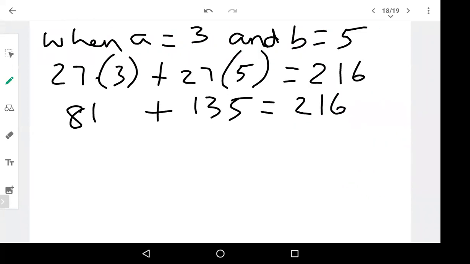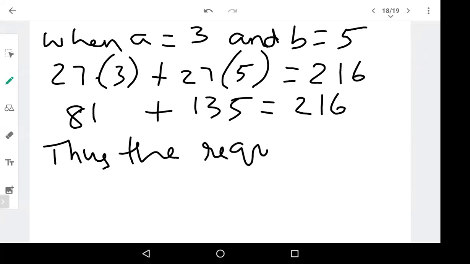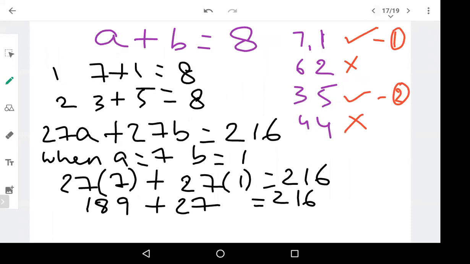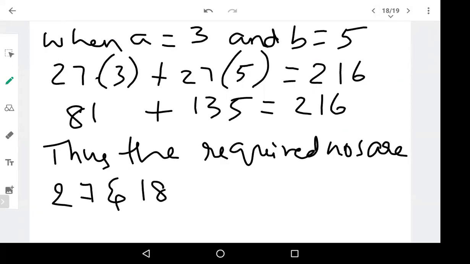So thus the required numbers are 27 and 189, or 81 and 135.